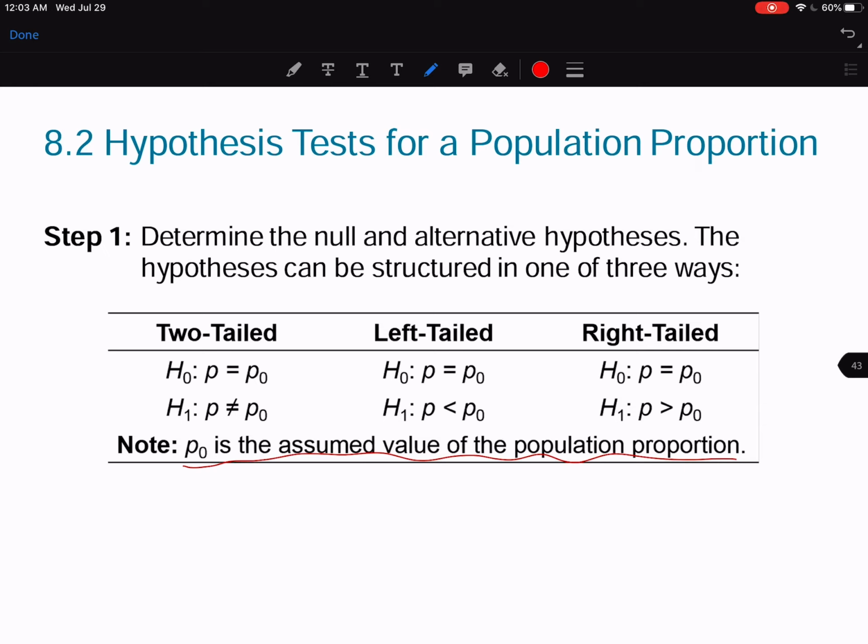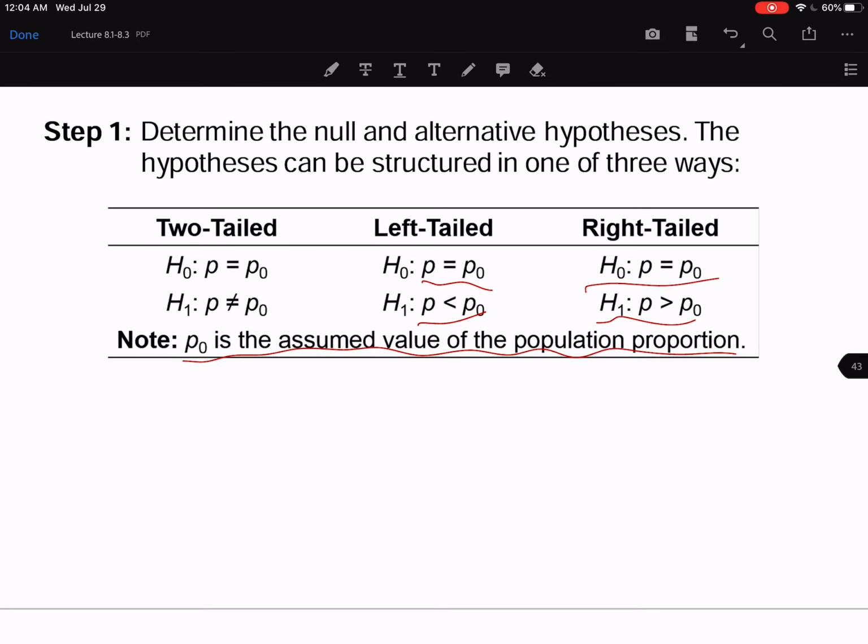If it's a two-tailed test, we have p equal to p sub 0 for the null, and p not equal to p0 for the alternative. For the left-tailed test, the null is the equality, and the alternative is p less than p sub 0. The null is always a statement containing equality, and since it's a right-tailed test, the alternative is p greater than p sub 0. That's step 1, determine the null and alternative hypotheses.